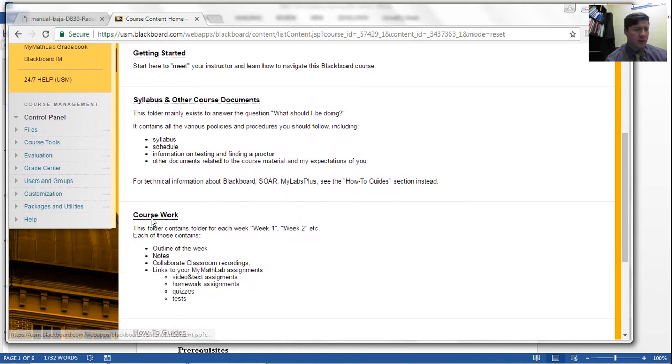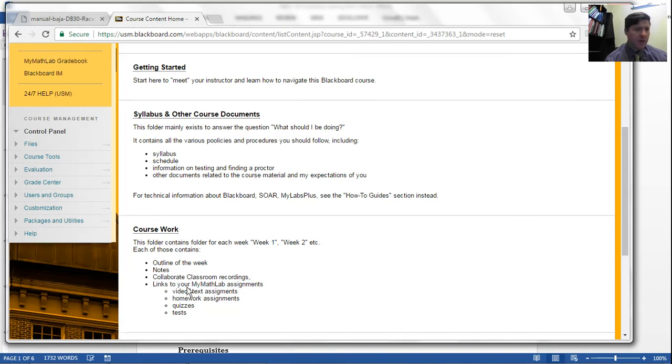The syllabus and course documents are what we're going to spend most of our time on. And the coursework is going to be where you spend most of your time in the rest of the semester. Each week you'll log in, click on the coursework, and there will be a module, module 1, module 2, etc., with an outline for the week, notes, Collaborate classroom.